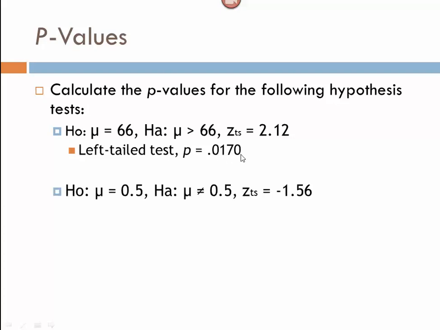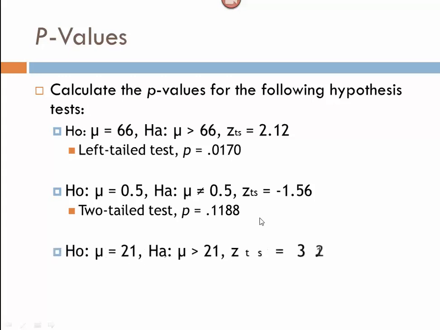Here's our next one. Determine what type of test and what the p-value is for this problem. Because we have a not equal to symbol here, we are running a two-tailed test, and so we find the area to the left of negative 1.56, and that area is 0.1188. And for the last one, here are your hypotheses, and here's your test statistic.